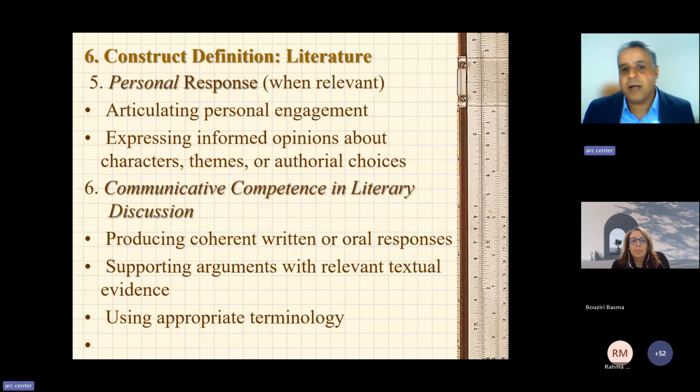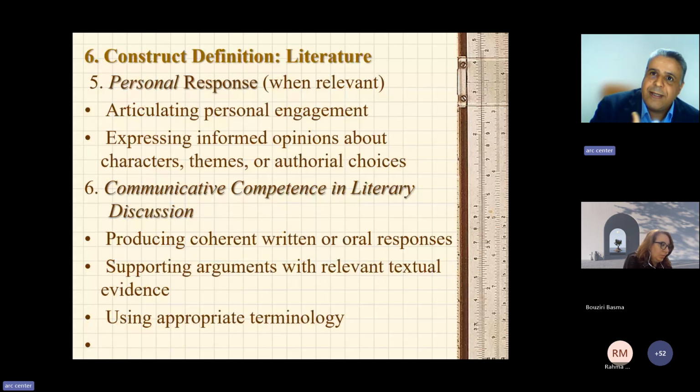But we should ask ourselves, are we testing the construct of literature or language? If the student gets below the average, what does that mean? If we try to interpret that, it means that the ability of the learner in reading, or in understanding literary text, is low, or his language ability is low.